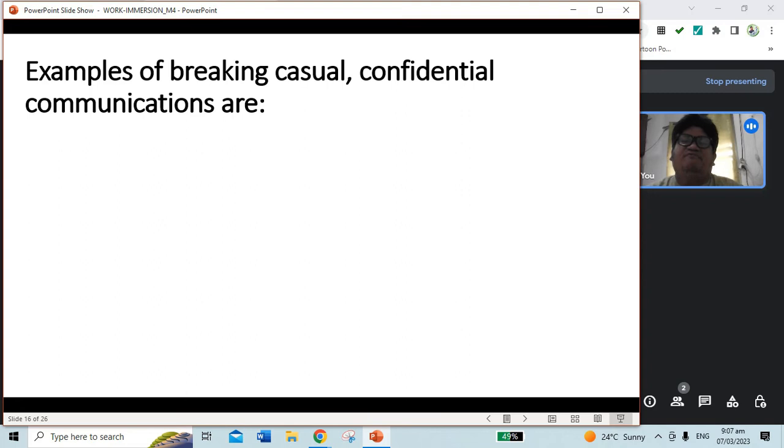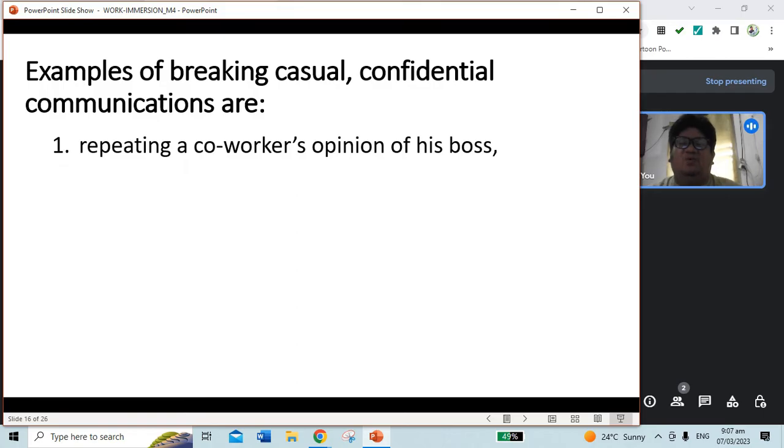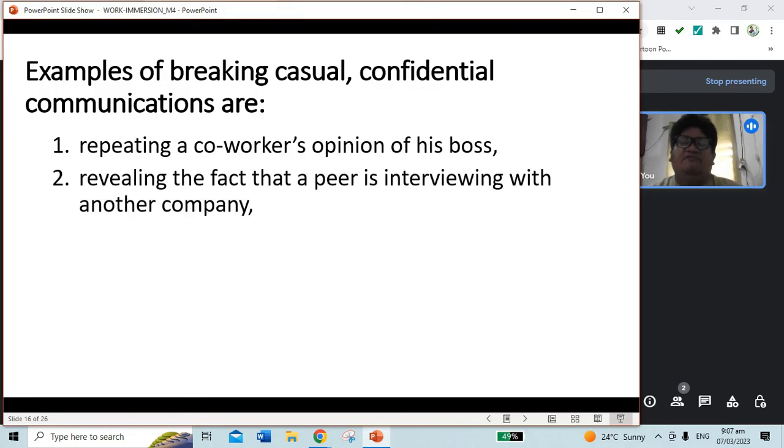So examples of breaking casual confidential communications are, ayan, repeating a coworker's opinion of his boss, revealing the fact that a peer is interviewing with another company. Ayun, may nalaman kang magpapa-interview yung kasamahan mo sa ibang company tapos pinagdadaldal mo sa loob ng opisina.